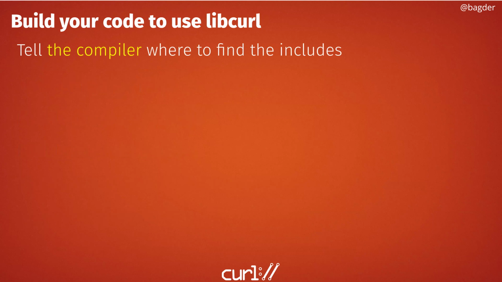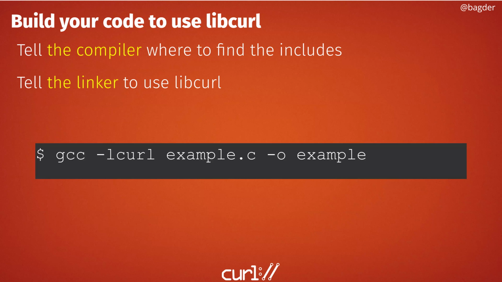Anyway, when you've built libcurl, you want to build your application to use that libcurl, and then you just tell the compiler where to find the include files and tell the linker how to use libcurl. In a typical Linux distribution, you basically just use your compiler, tell it to link with the curl library, or libcurl, with -lcurl, the source file and output.